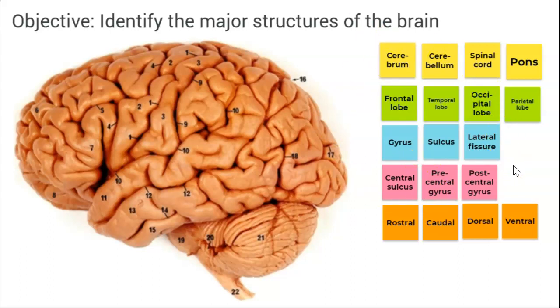And then once you identify what you can, I might give you a little bit more information and then have you try it again to see if you can then get another thing. But pause the video and get right to labeling anything that you have previous knowledge about for the brain regions.